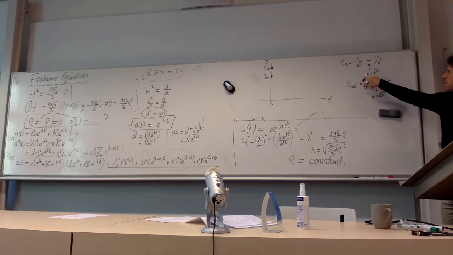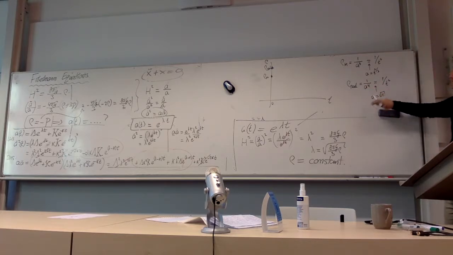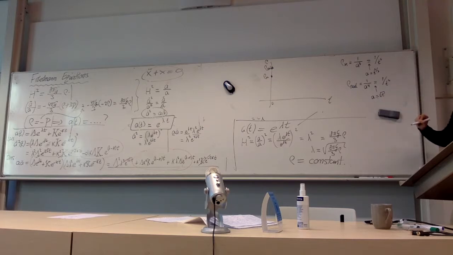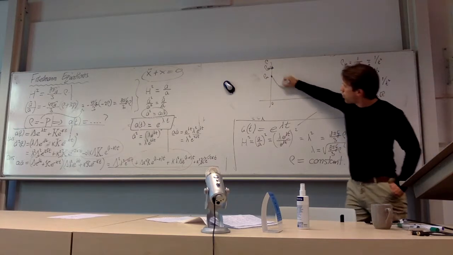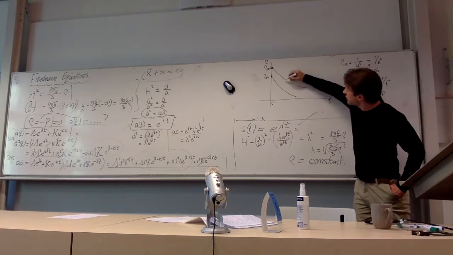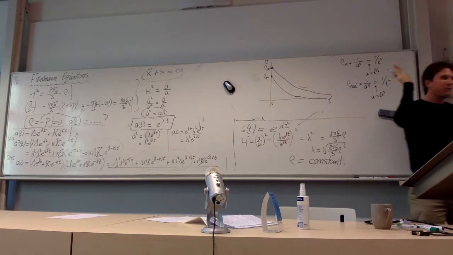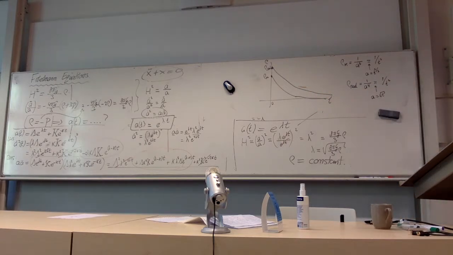Radiation: 1 over a to the 3 because it's a density, and an extra a because of the redshift. The Friedmann equation tells you a is the square root of t, plug it in, 1 over t squared. They both go to 0 asymptotically as the universe expands. This is what you expect, right? The bigger the universe, the less density you have of each.